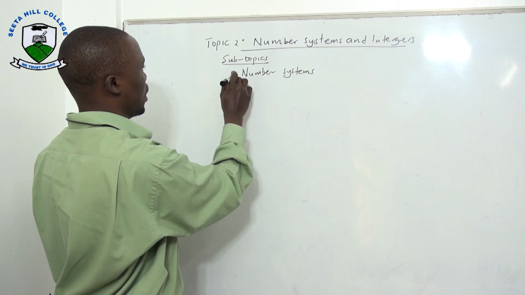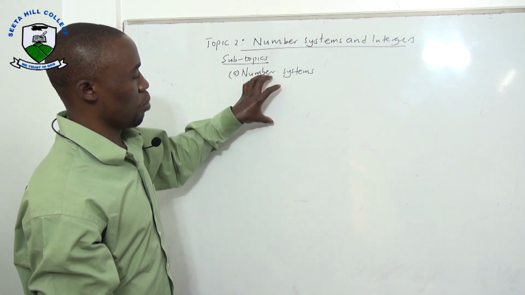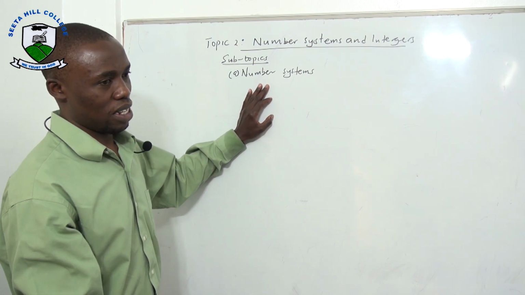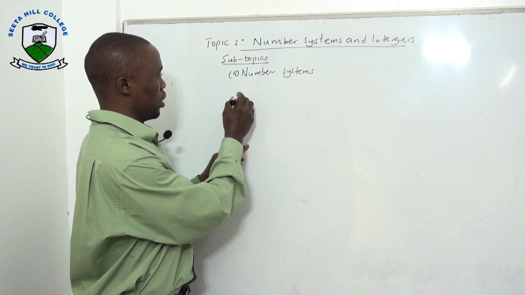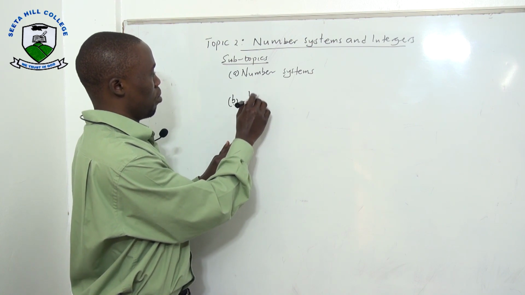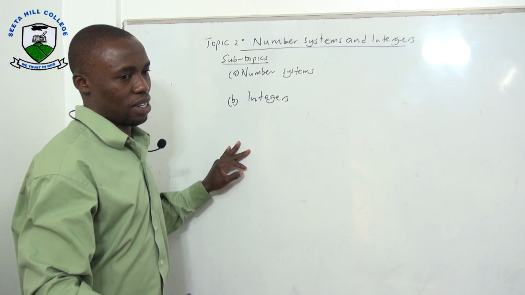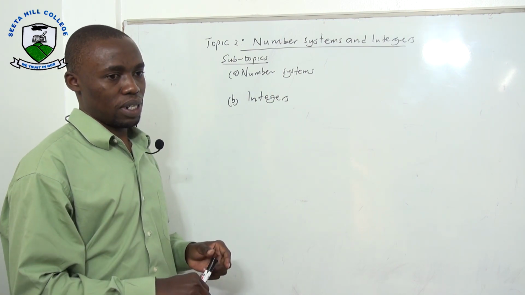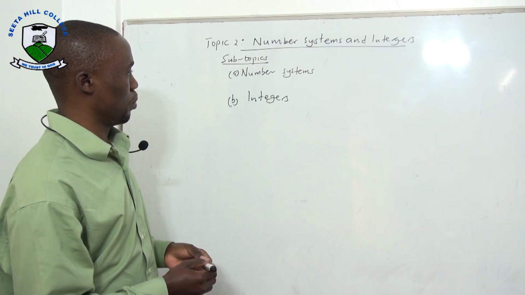Under number systems we shall see types of numbers. That is where you find your numbers to count. And the other one will be the integers. Now it will not be very long. It will be slightly short.